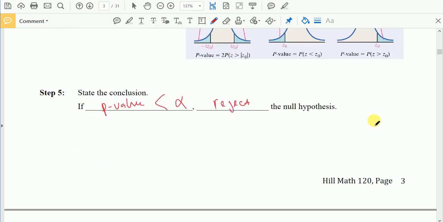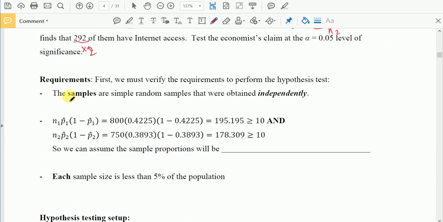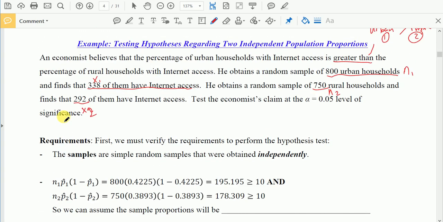But p hat 1 is the individual for sample 1, or p hat 1 is equal to x1 over n1, or 0.4225.